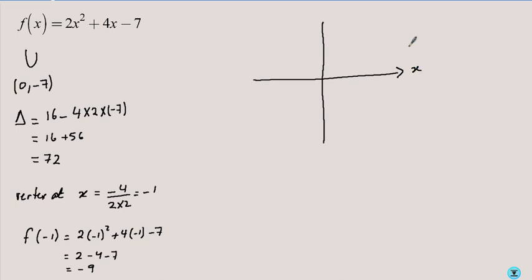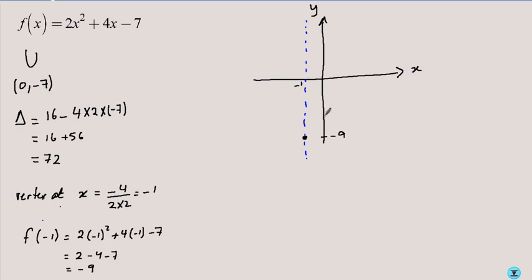We have our Cartesian plane. At x equals negative 1, we have the axis of symmetry, and the vertex is at negative 1, negative 9.